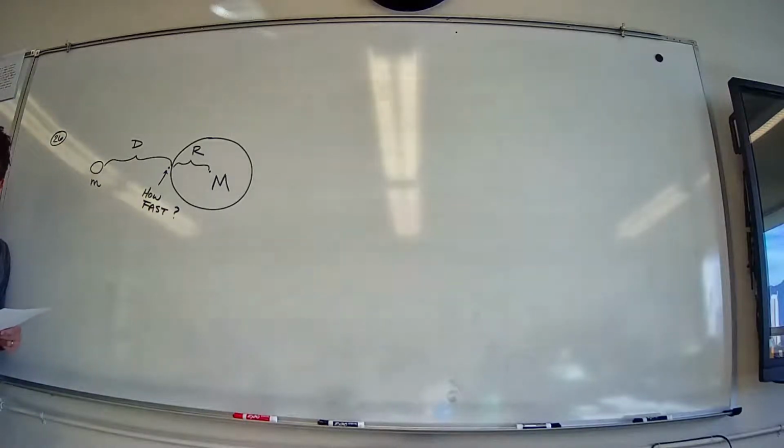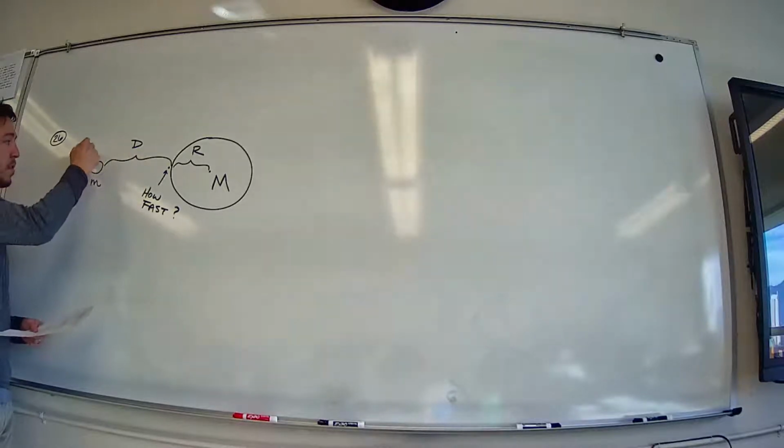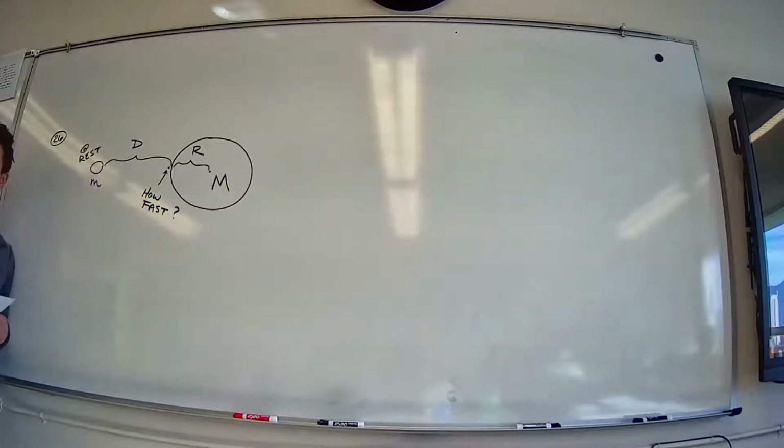So, this model here would be maybe talking about predicting how fast a meteor would be traveling when it hits your planet. And of course, in this simplified version, it's going to start at rest, which is not the case.